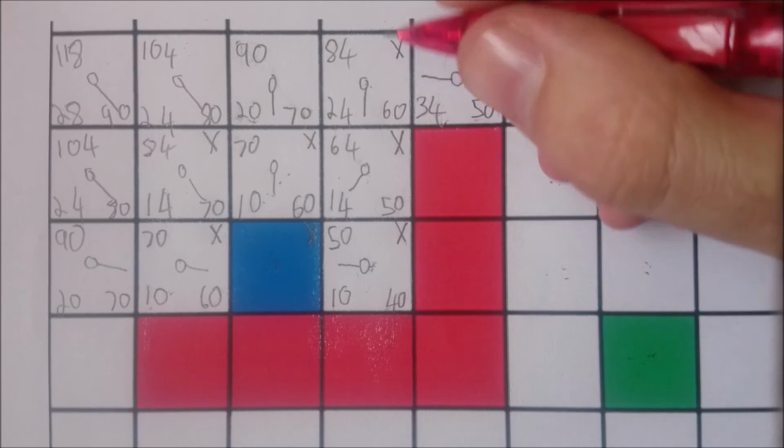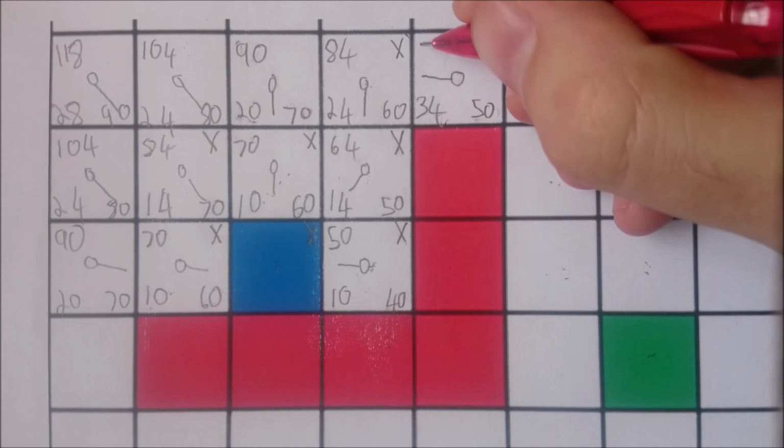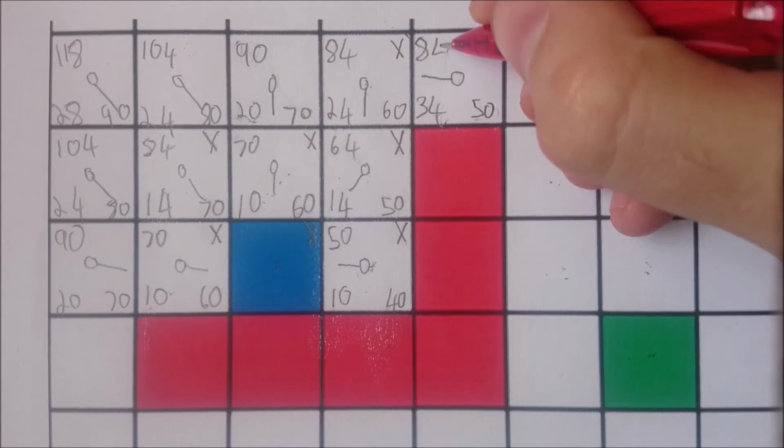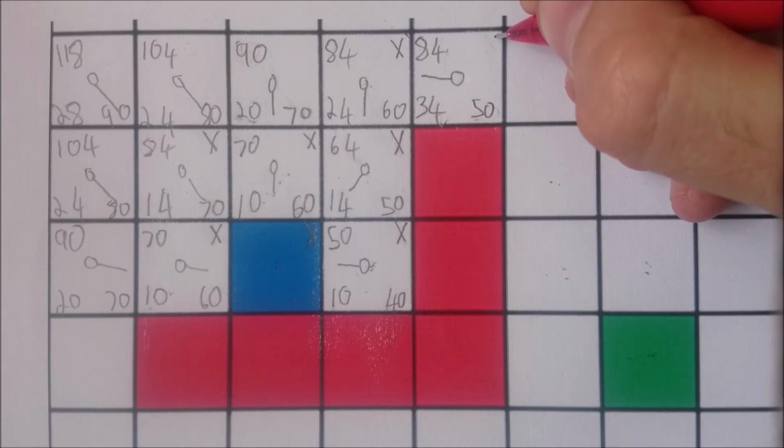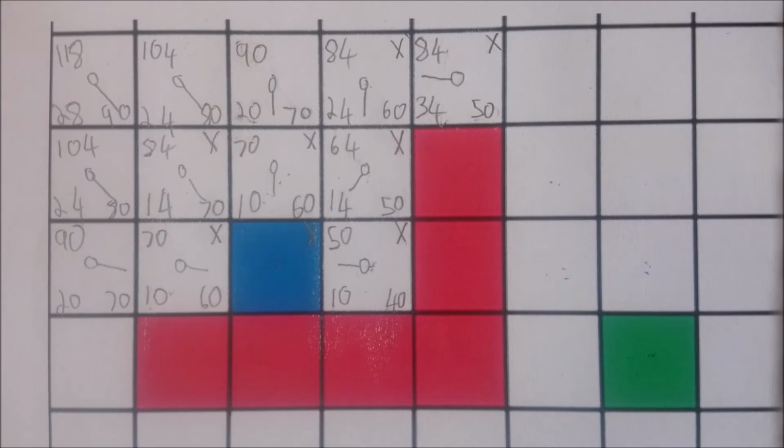34 over here, 24 plus 10, and then the F score of 84. Okay, so then we go to step 1 of the algorithm again, looking through all the tiles that are on the open list, looking for the one with the lowest F score. For us it's the 84. Add it to the closed list.